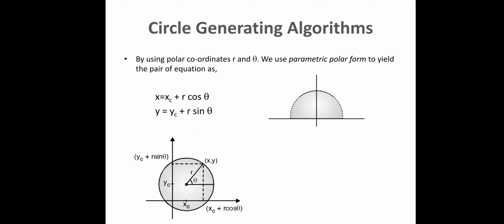So what is the value of this point? It is xc plus this distance, which is nothing but r cos theta, okay? Same for this value, it is yc plus r sin theta. So in this way we can represent the new x value. This x value is xc plus r cos theta, and this y value is yc plus r sin theta. So this is another form of the equation of a circle, that is the parametric polar form, okay?